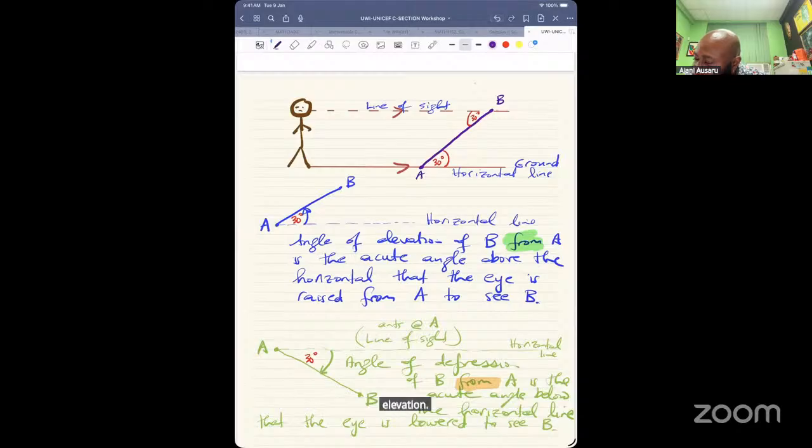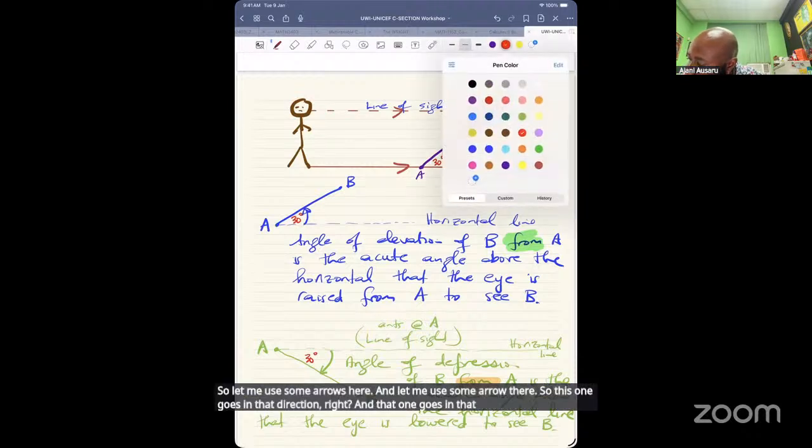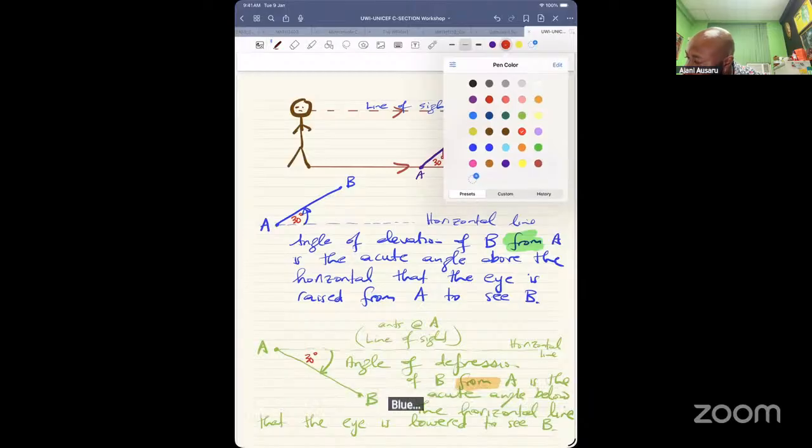If I'm sitting right here at A, let me use some arrows here and some arrow there. So this one goes in that direction, and that one goes in that direction. Let me change my color so we can see a little better.